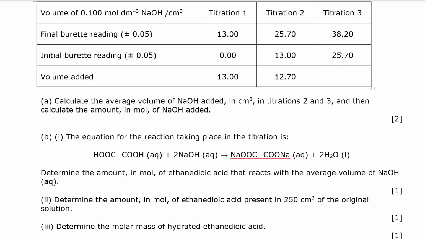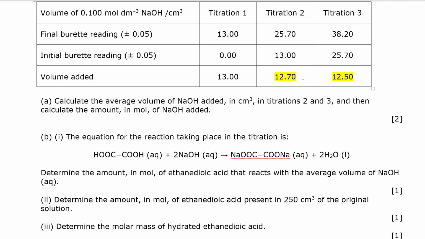And in the third one, the difference between 38.20 minus 25.70, I'll use a calculator for that, is 12.50. Now this first one is well out of line with the other two. The other two, actually have I calculated that right? 25.7 minus 13, yes, 12.7, and that's 12.5.